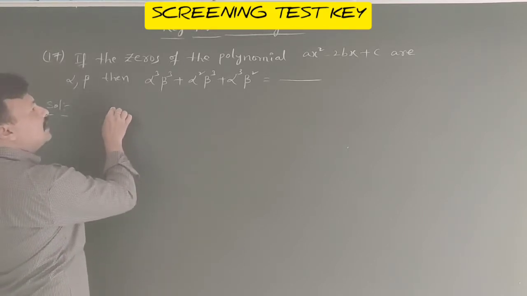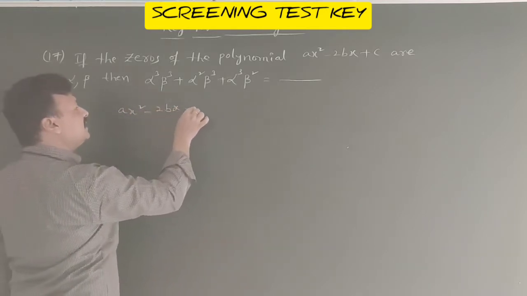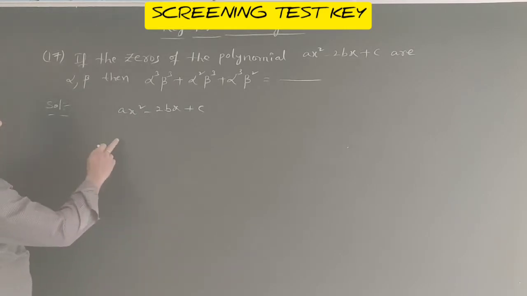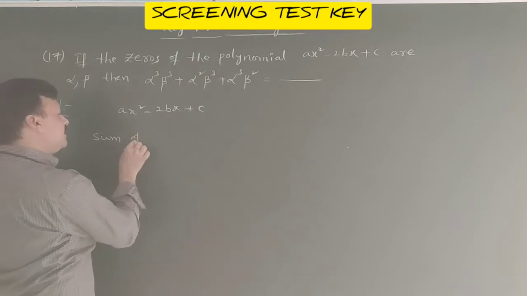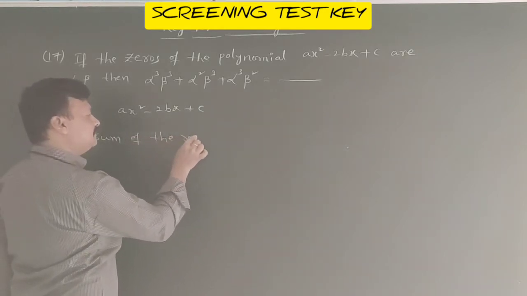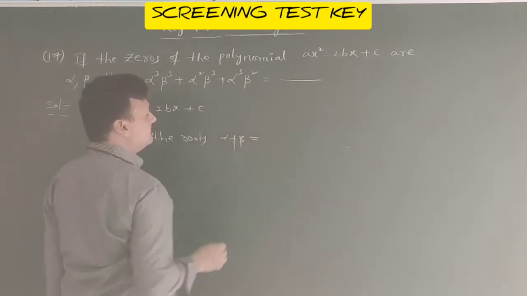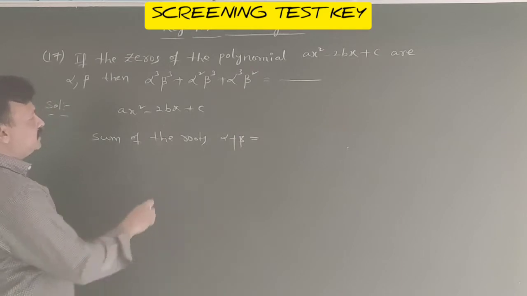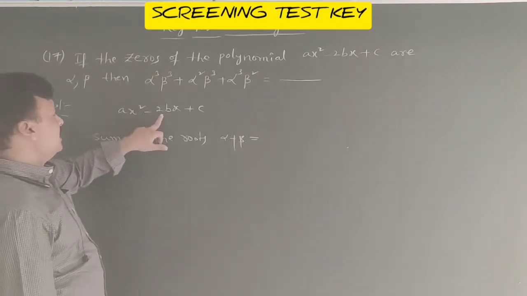First of all, ax square minus 2bx plus c is the given polynomial. Here alpha and beta are the roots. So first, sum of the roots. Alpha plus beta equal to minus b by a.